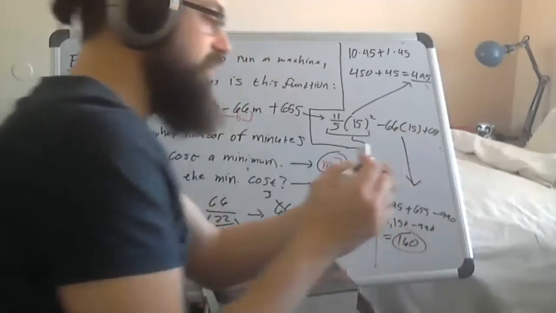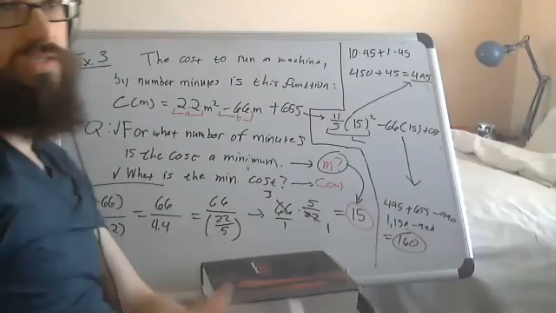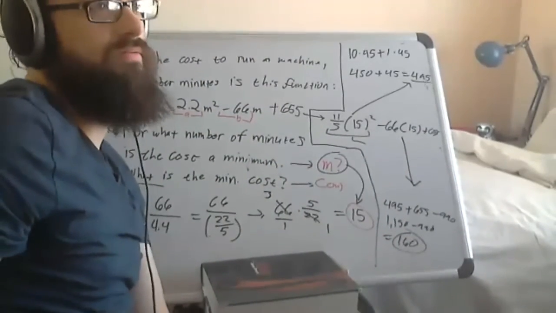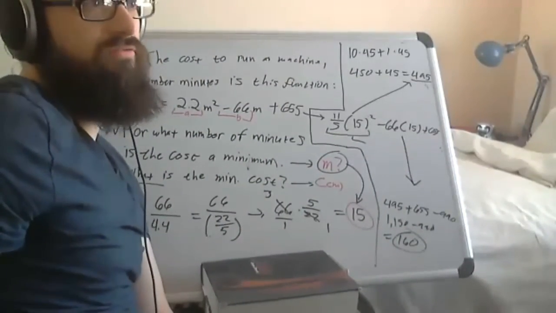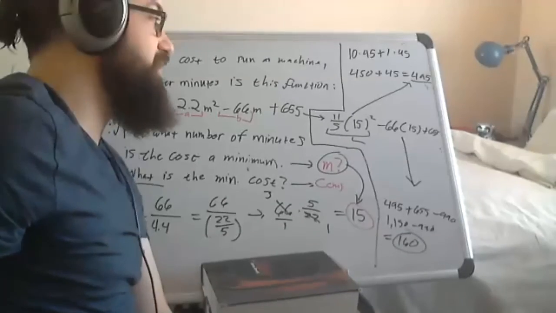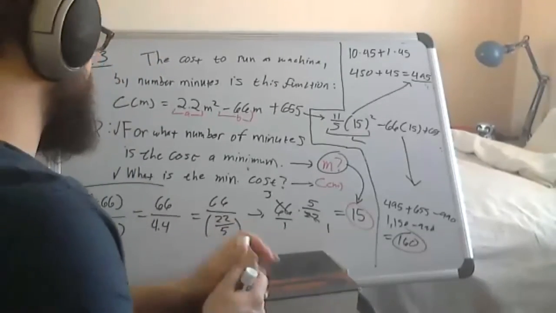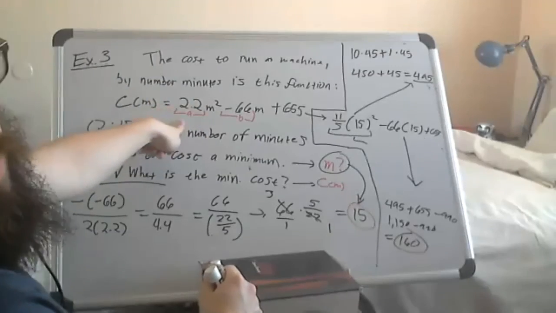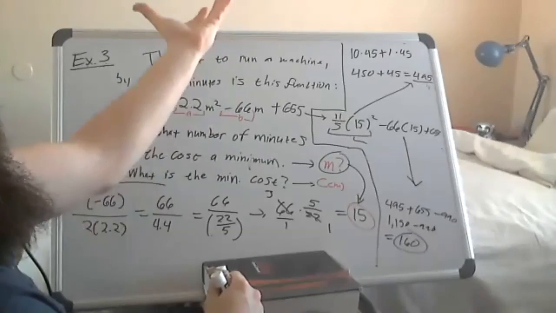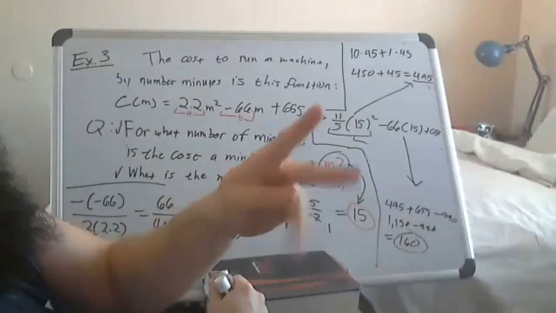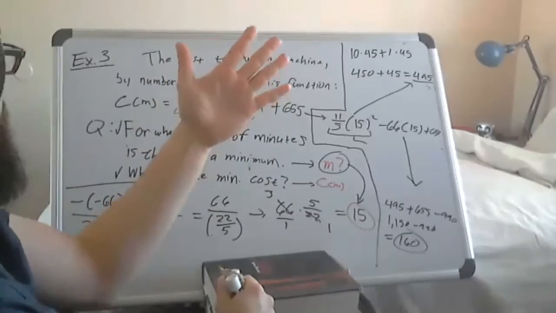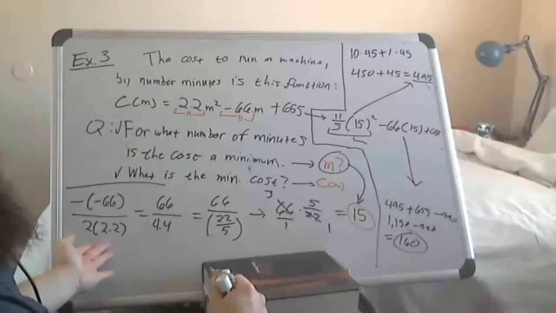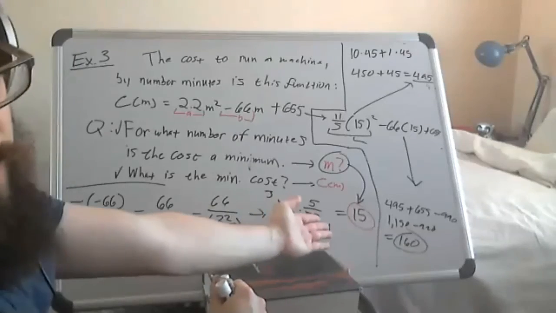Now, all of that work just to finally give us what the cost was going to be. It might have been easier to simplify this stuff, but long story short, given a cost function that happens to be an upward facing parabola, if it's upward facing, we can find a minimum. Looked at the vertex, negative b over 2a, breaks down into 15.